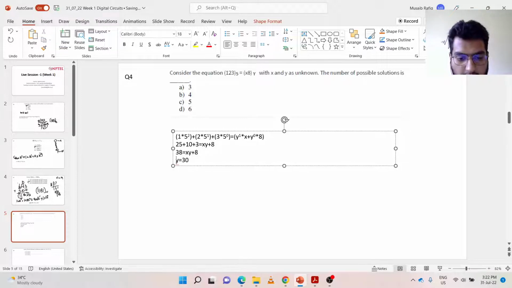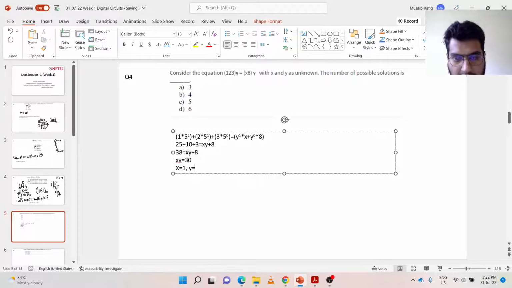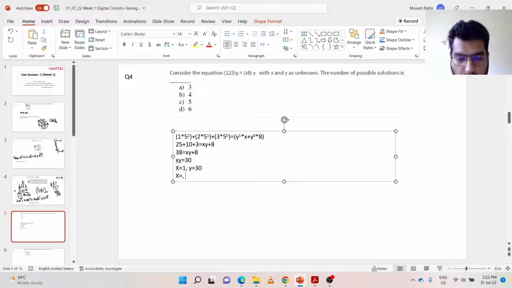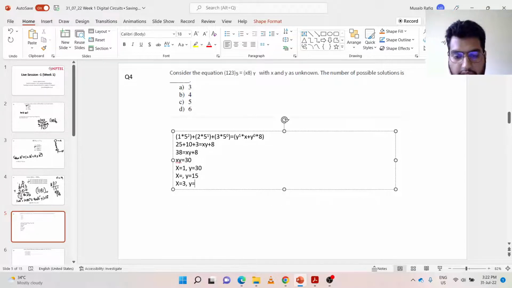So the possible values that it can take is x equal to 1 and y equal to 30, x equal to 2 and y equal to 15, x equal to 3 and y equal to 10. Now the next possible combination that gives us xy equal to 30 in positive integers is x equal to 5 and y is equal to 6.